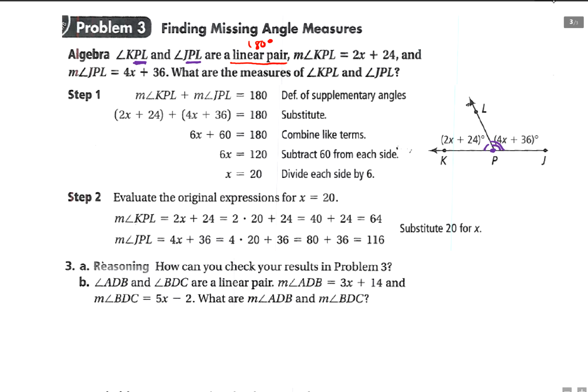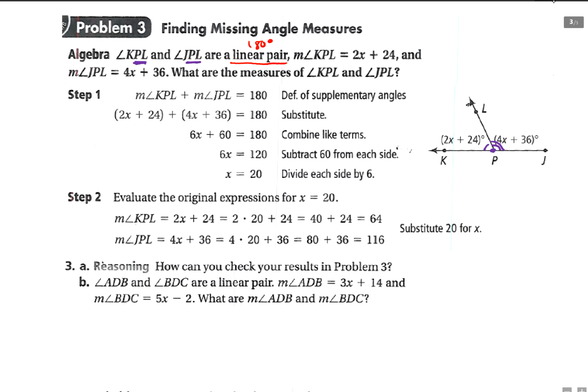So I have found my angles, and the measure of angle KPL is 2x plus 24, so we label that if it's not already labeled. And the measure of angle JPL is 4x plus 36, so we label that if it's not already labeled. And then we want to find the measures of our angles. Well, I know that they are a linear pair.